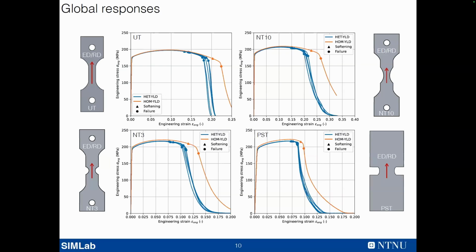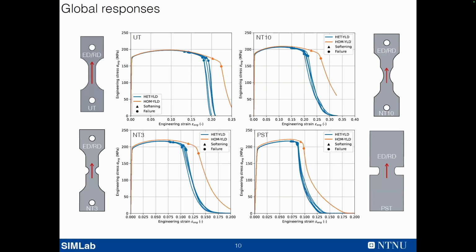If I compare to the other types of specimens we used, you can see again a small tension test here and some notches and plane strain tension. The orange curves are the homogeneous model. The blue curves are from the heterogeneous model, where one element is one grain. And the different curves that you see are just different realizations of the same texture, so it's just a different random draw from the texture.